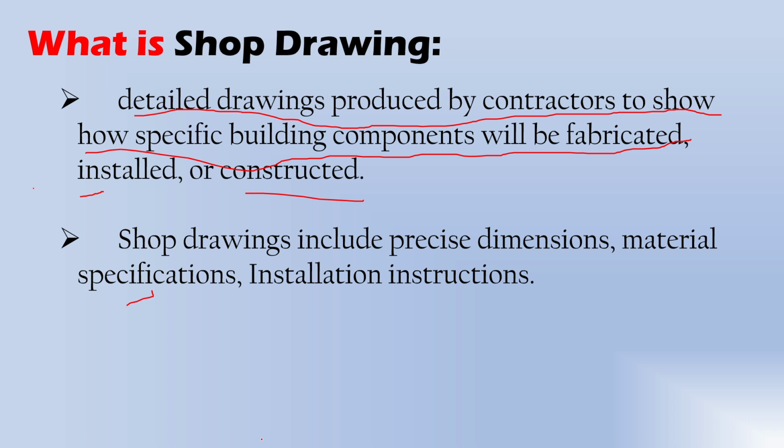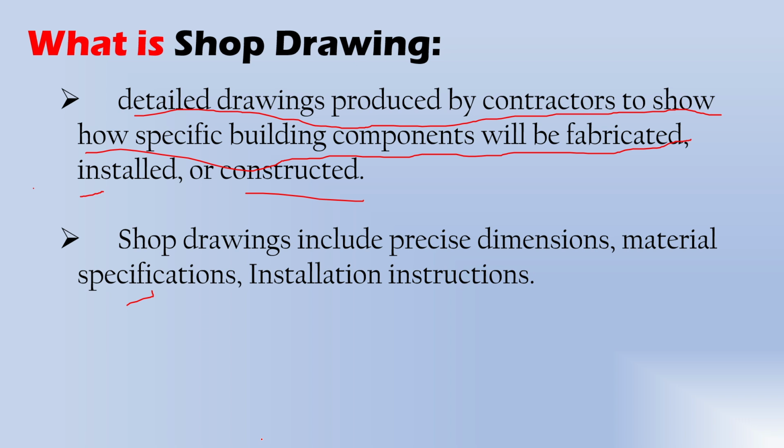For example, if you want to build one room, they will give each and every measurement: how the door will be and how it will open, the door size, where the window will be, the window size, and the distance from this corner to the window. All these measurements will be included, and it will be very easy to do site activity. So this kind of drawing is called a shop drawing.